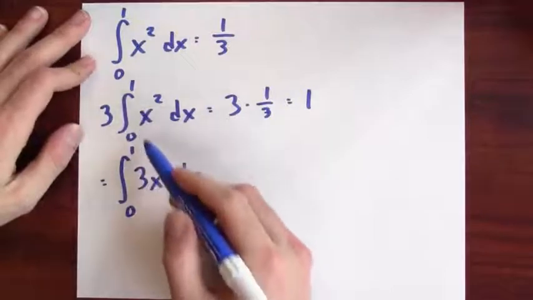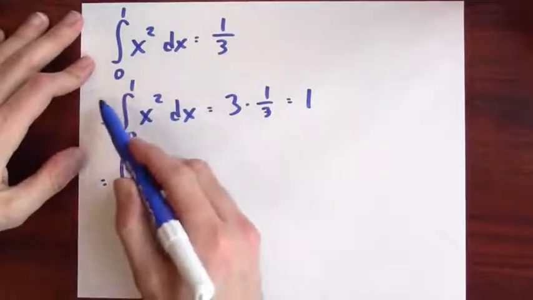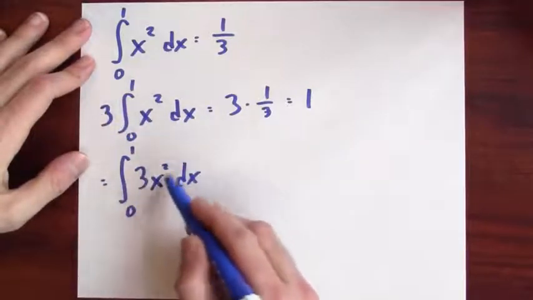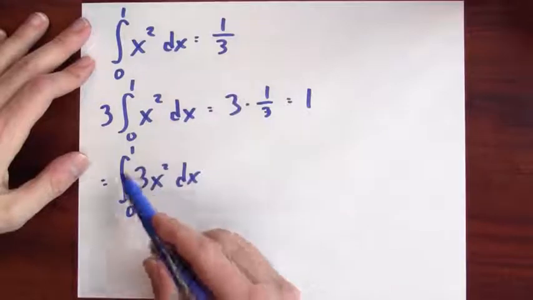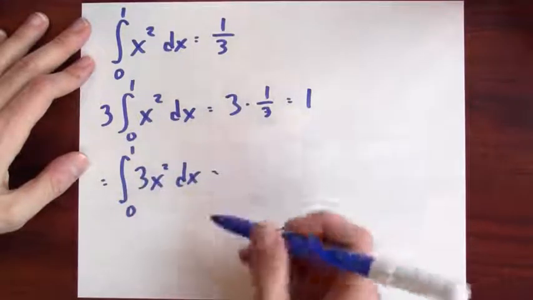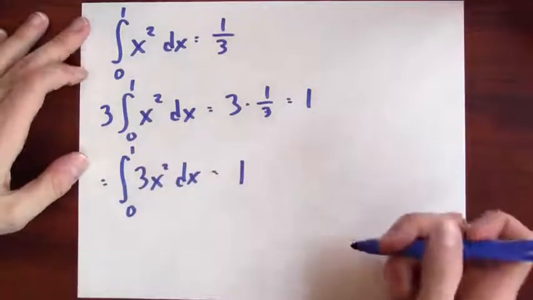This is really worth thinking about. Here I'm taking this area and multiplying it by 3. Here I'm calculating the area of the graph stretched in the y direction by 3 times. And these are the same. And this is saying that the integral from 0 to 1 of 3x squared dx is equal to 1.